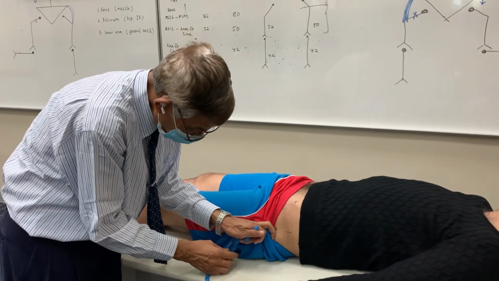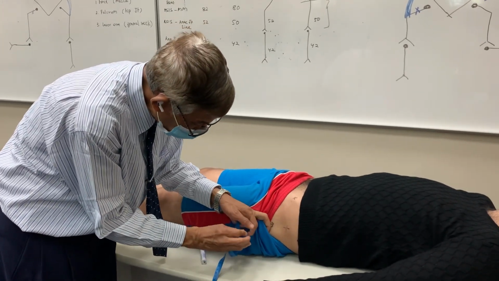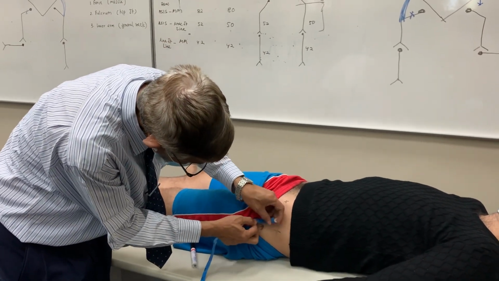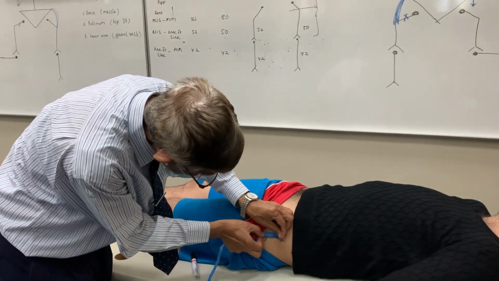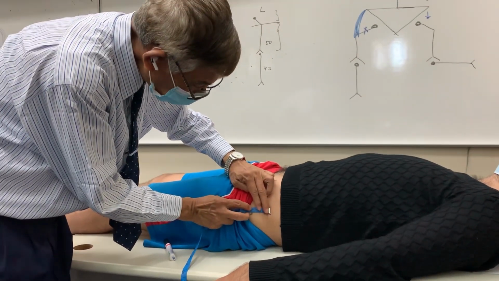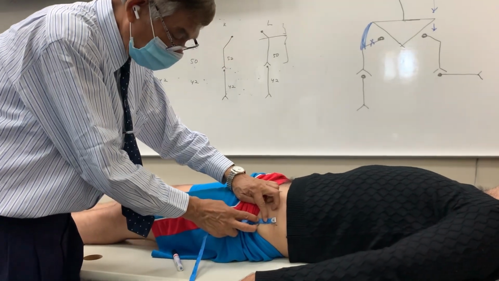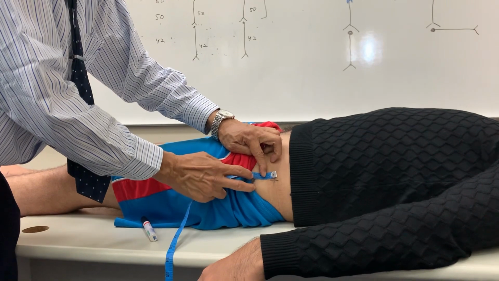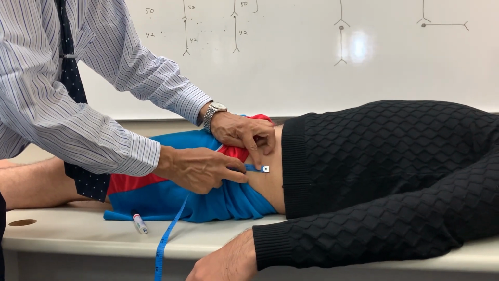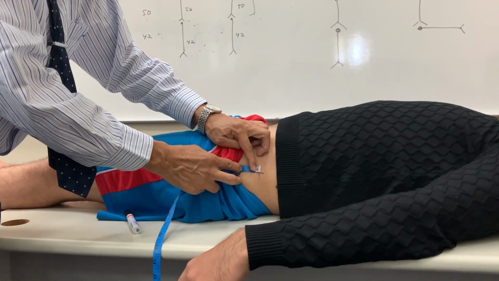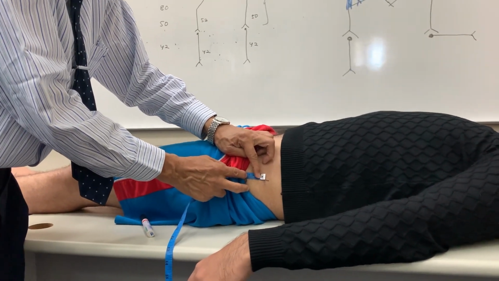You have to measure between the intersection point and the tip of the greater trochanter. Here, on the left side, it is maybe 3 centimeters, for example.